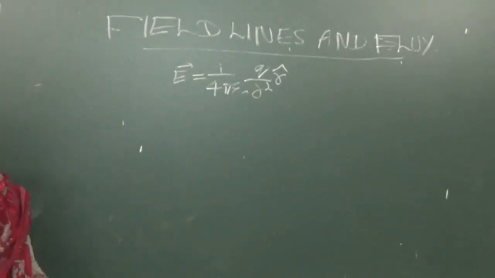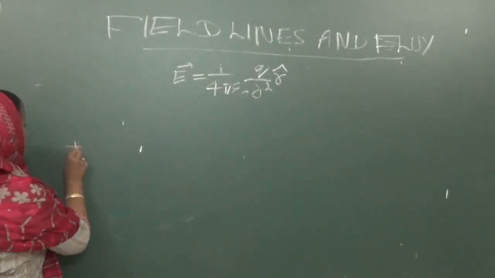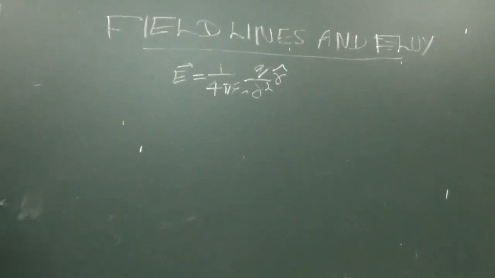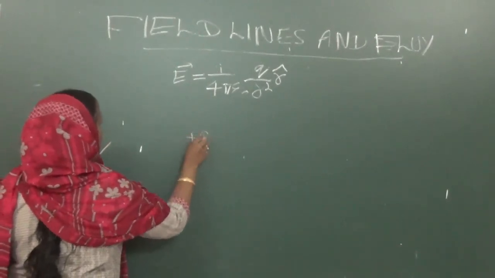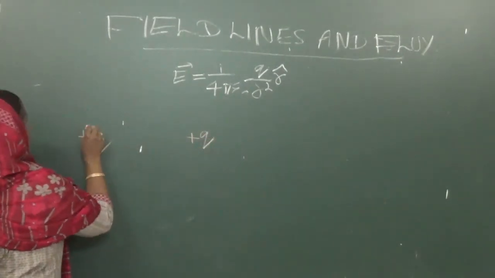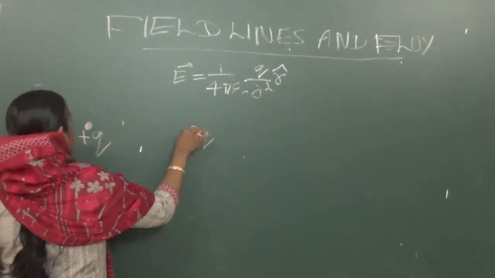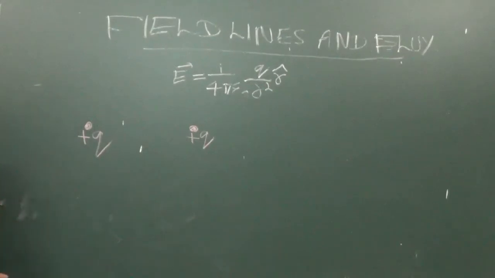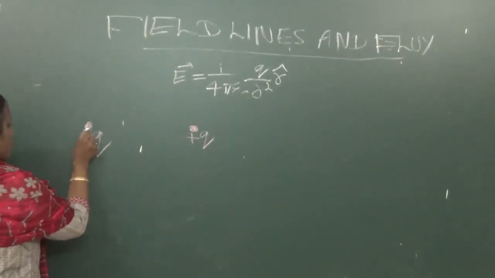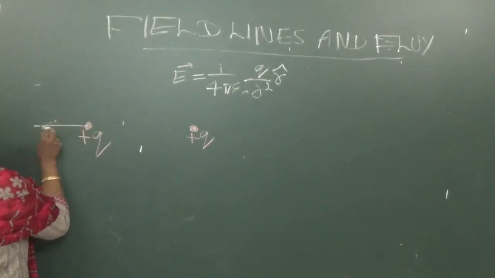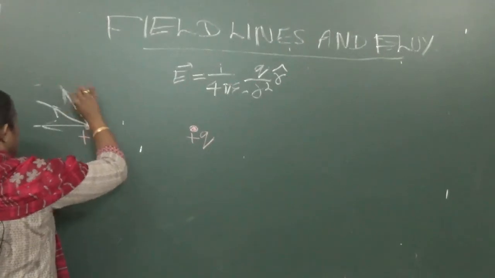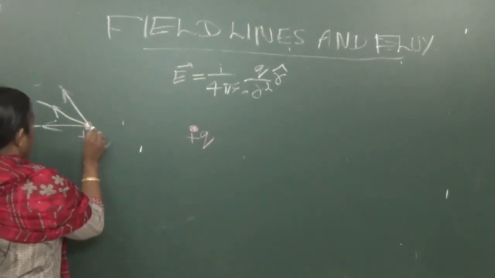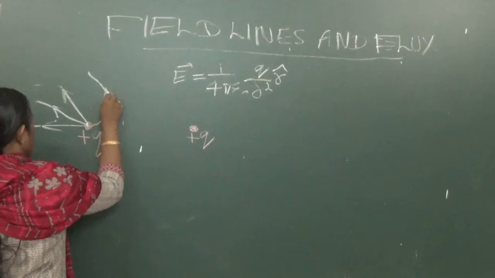For example, suppose there are two positive charges like this, plus Q here and another plus Q here. Okay, these are the two charges. And we already found that field lines move away from a point charge. So these are the field lines from this charge like this, and in this it moves like this.